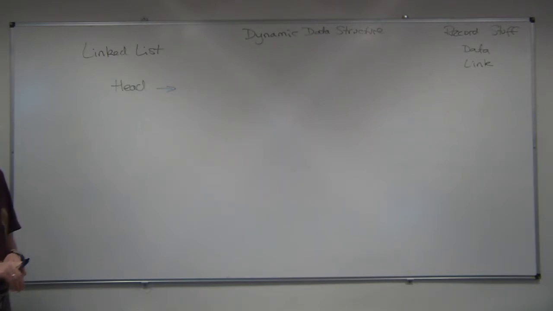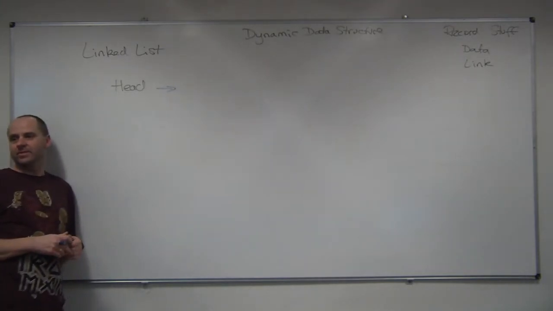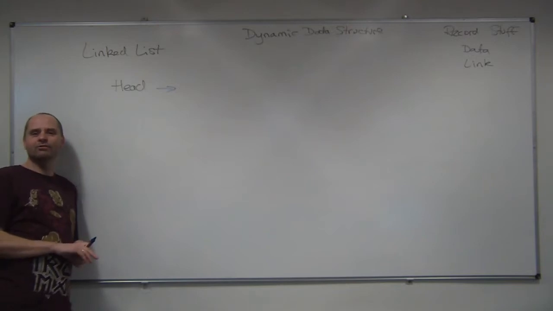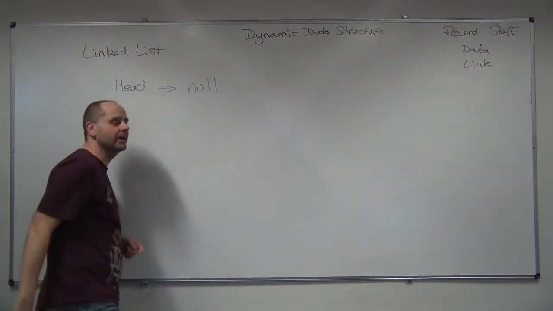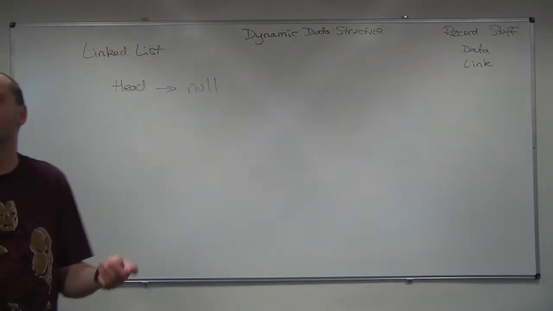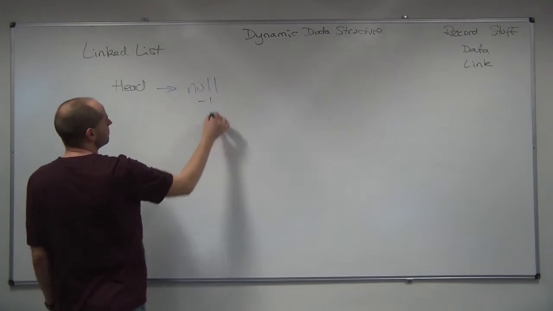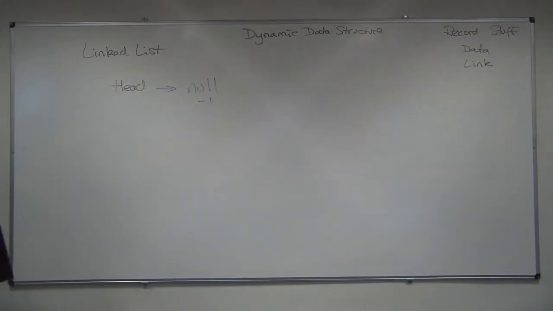No. Whatever random stuff's at that location? No. If we haven't got anything to reference, what do we use as nothing when we're talking in programming terms? Null. Sometimes we represent null with -1, and the exam board will let you use either term to represent pointing to nothing.